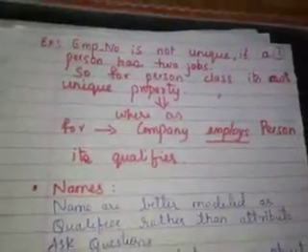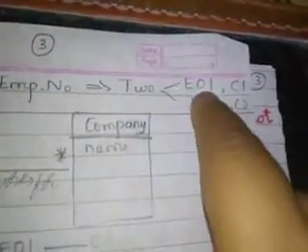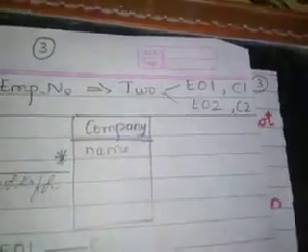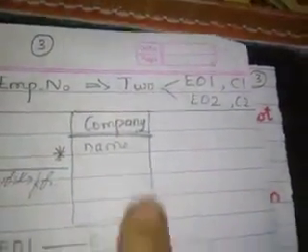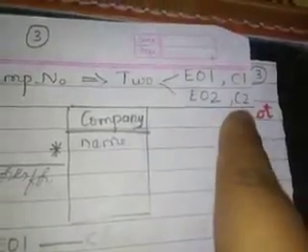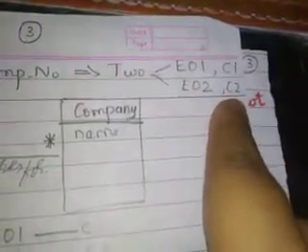Okay, let us take an example here. We have a person, and he has two jobs. One employment number is E01 when he is working in company C1, and he has one more employment number E02 when he is working for company C2.